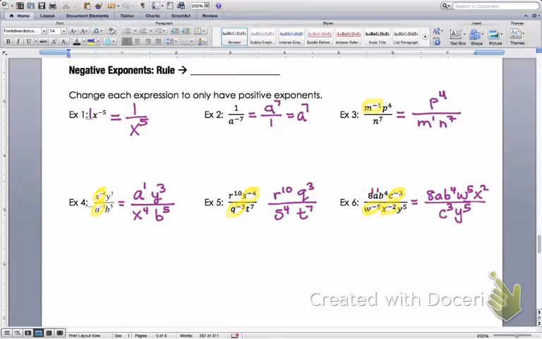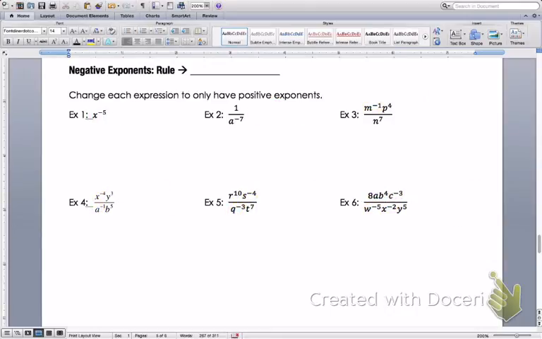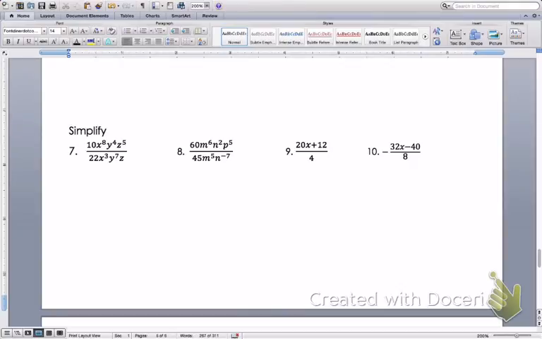All right, let's go ahead and do the last few problems. So now we're going to put it all together, simplifying expressions and making everything positive when we're done with our answers. All right, so remember, first thing is to rewrite it. I'm going to go ahead and rewrite this. 10 over 22. Then we have x, 8 take away 3, y, 4 take away 7, and z, 5 take away invisible 1.